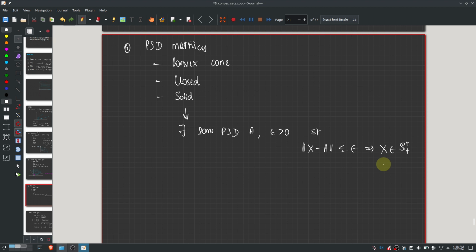Right, I should be able to find a ball. So the set of all x for which the norm of x minus A is less than or equal to epsilon is the ball of radius epsilon around A. So I should be able to find some matrix A and some epsilon greater than 0 such that as long as this happens, x is also positive semi-definite.